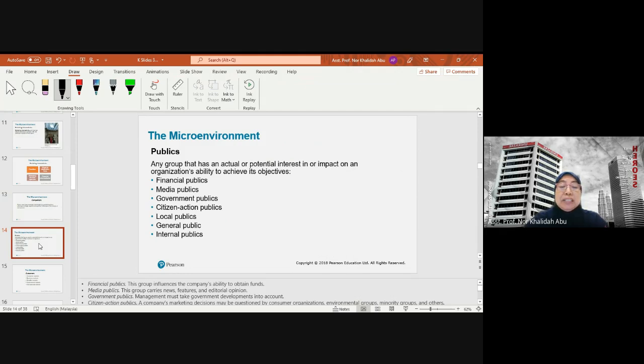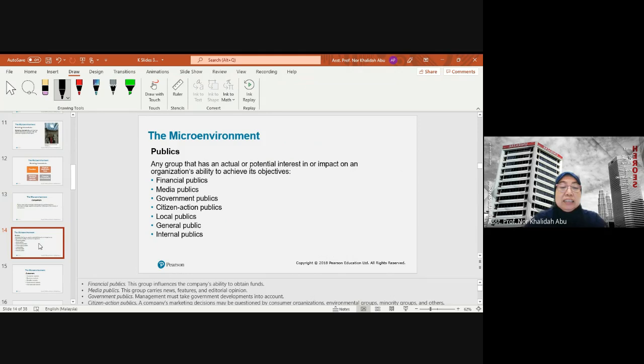Then we have the media publics. These are the ones who are writing. You have the bloggers, who are doing things independently. You may also have those Instagrammers, especially now we have a lot of these. This can be formal or even informal news media in the social media. Yeah. Okay. Then you have the government public.